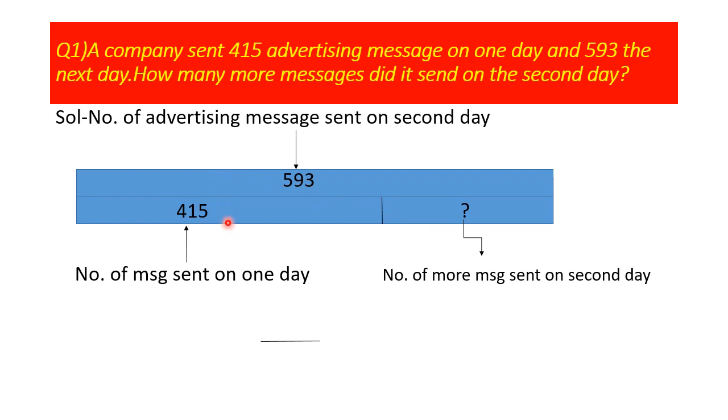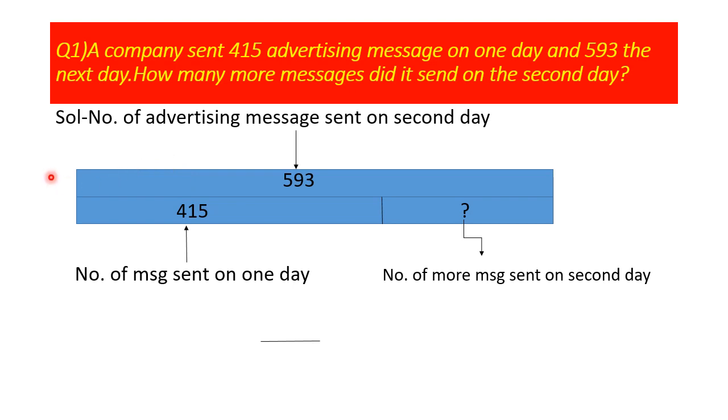Okay, if we were doing simple subtraction or addition, we would have simply written the statements and solved. But since this is a question which should be solved by using bar models, we need to show this bar like this. So I hope this much is sufficient to make you understand the bar model for this question.